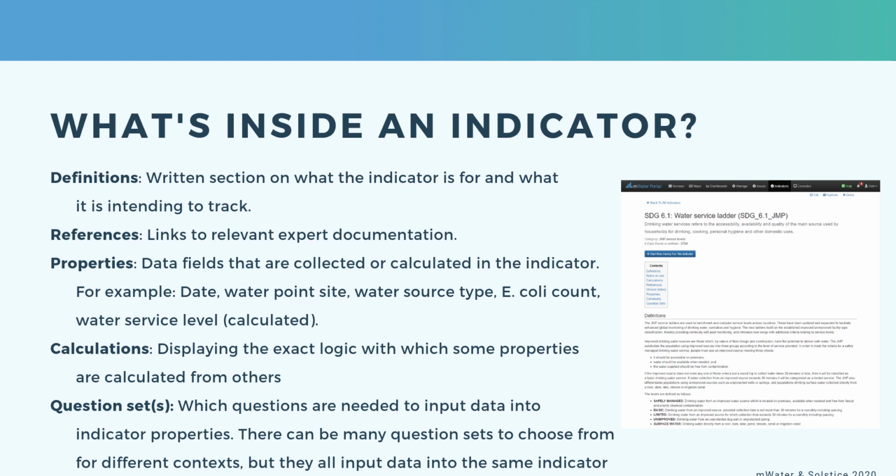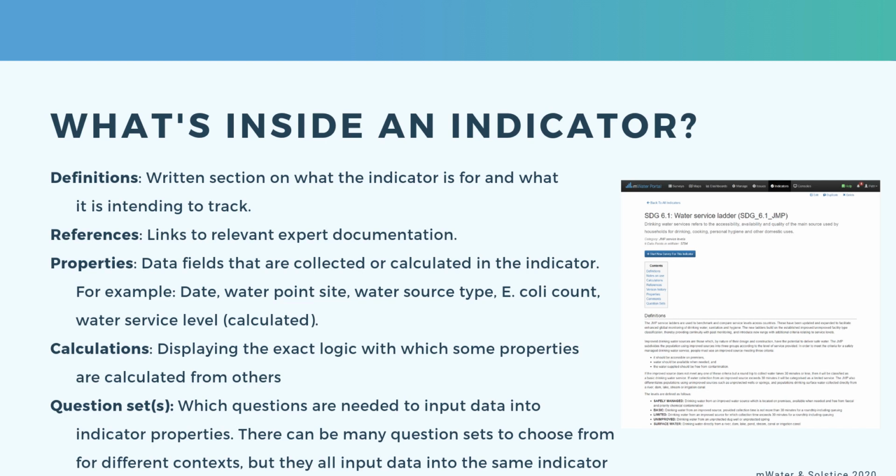And you can imagine there being a property for water service level, which is calculated on the basis of other properties in the indicator based on logic that has been set up. And that's what we mean by calculations. A calculations section within an indicator is intended to display to you the exact logic with which some properties may be calculated from others. So how does a service level actually get determined given all the information in the indicator?